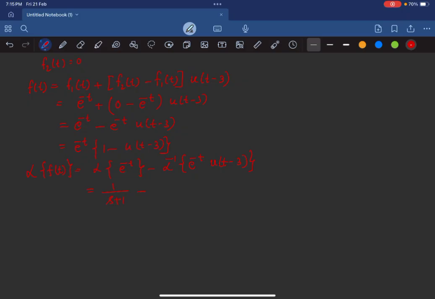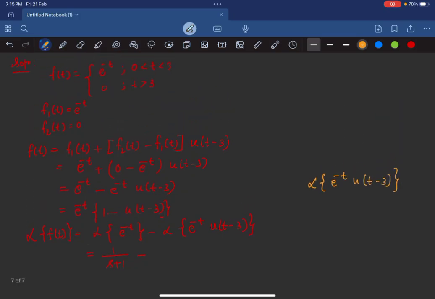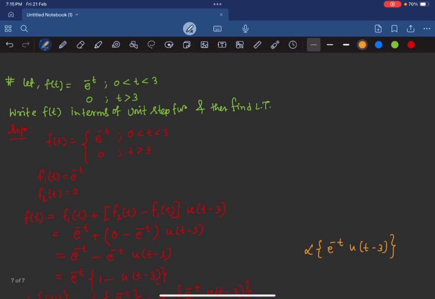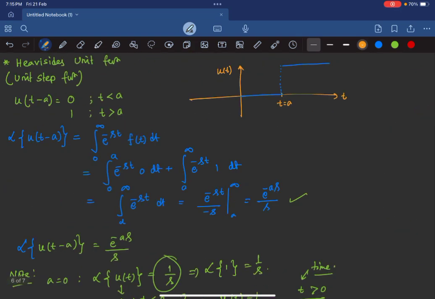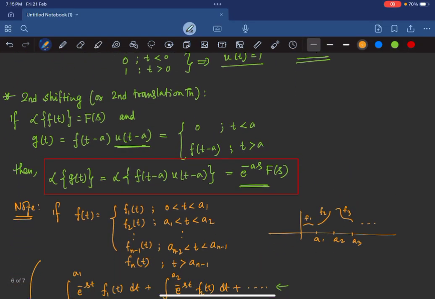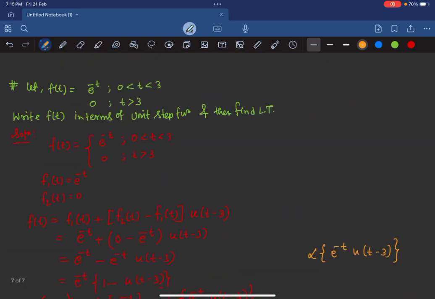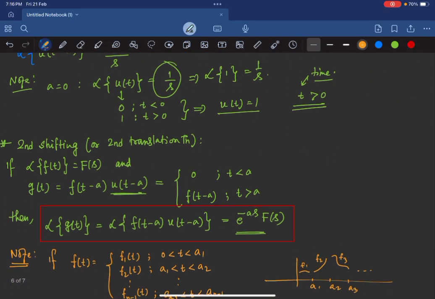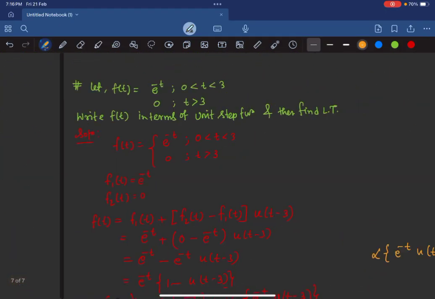Now, how do we calculate the Laplace transform of e^(-t) u(t - 3)? For that, go back to the previous slide and see the Laplace transform of a function f(t - a) u(t - a), it is given by this. Now here it is multiplied with the unit step function.